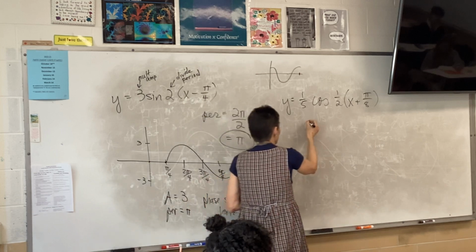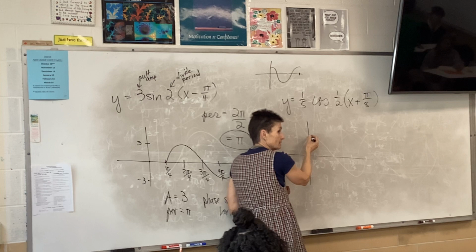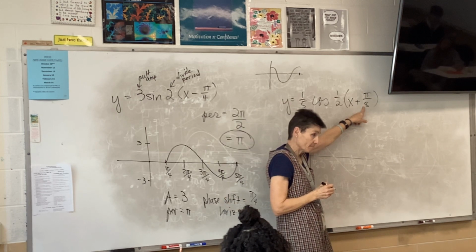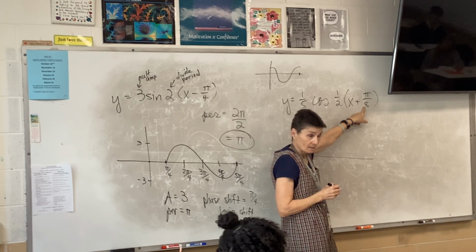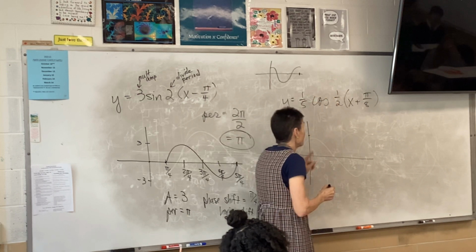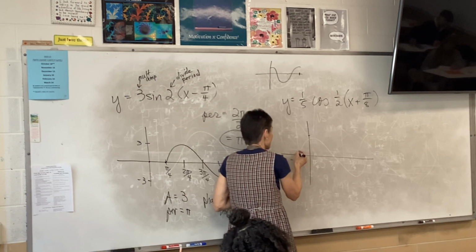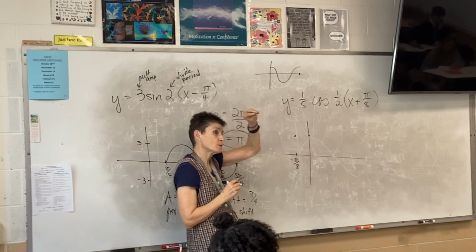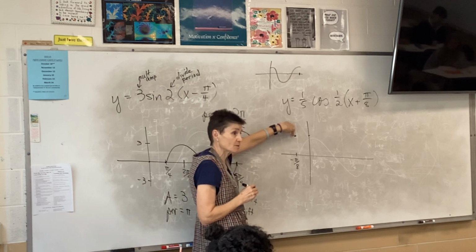Be careful though, because while normally I would start it right here, I can't this time because of this. What does that tell me? Okay, this one's going to go to the left, pi over 8. So over here somewhere is pi over 8, and that is where my cosine's starting. Now remember, your cosine starts at the top of the hill. So the top of the hill is right here.